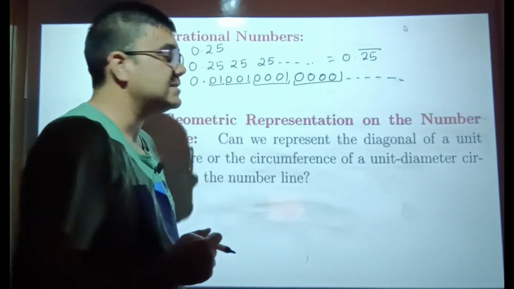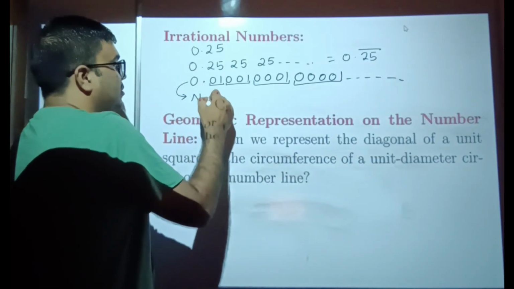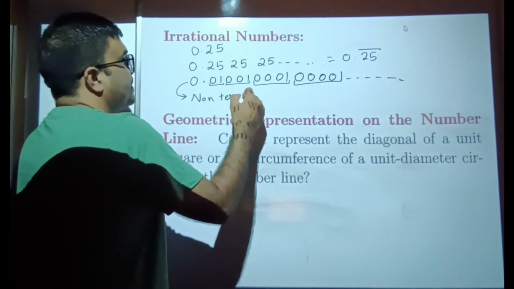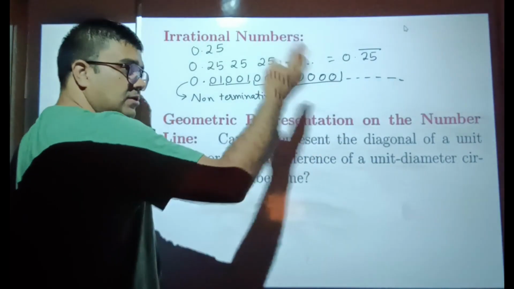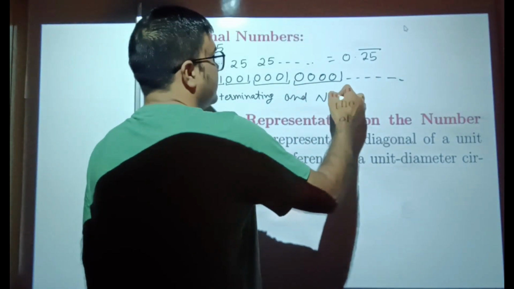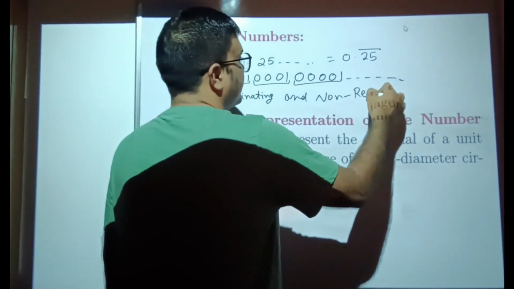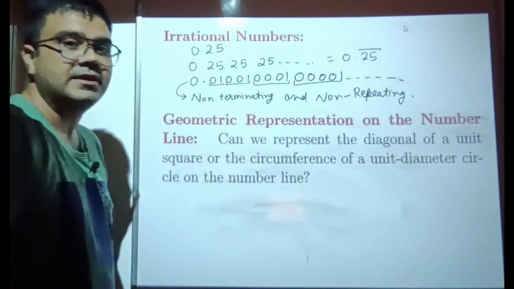So these kinds of decimals are non-terminating. This will continue like this, and they are non-repeating. Neither do they terminate nor do they repeat.